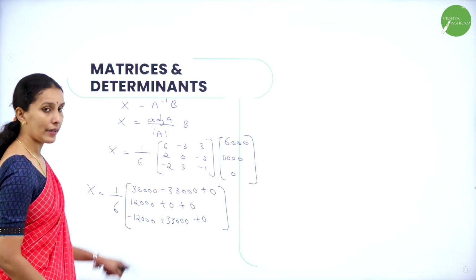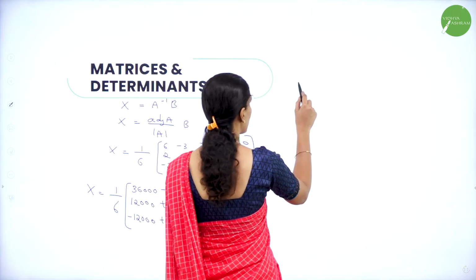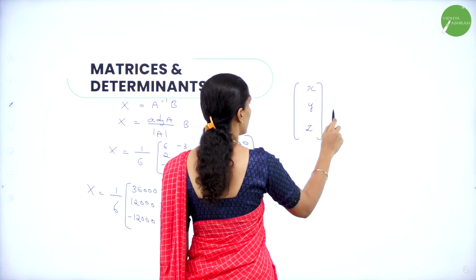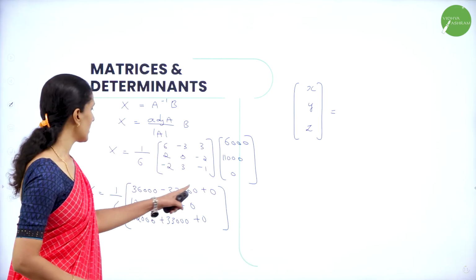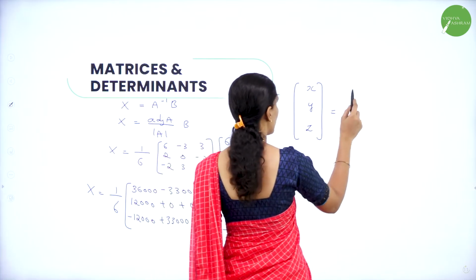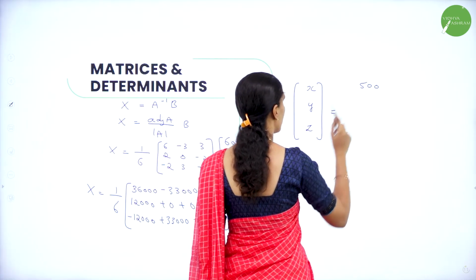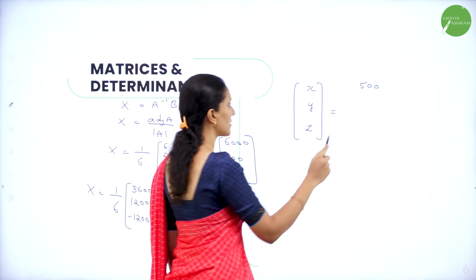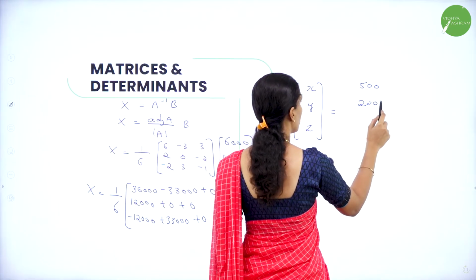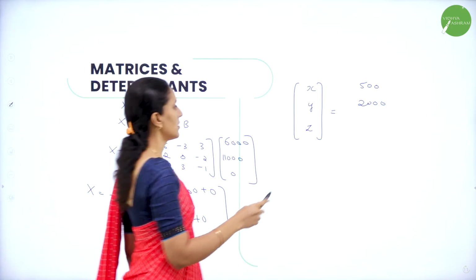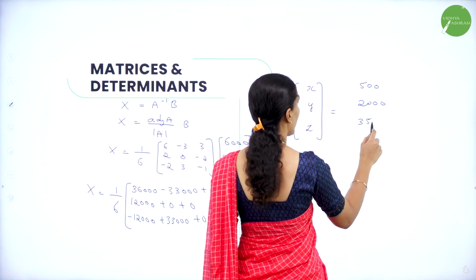So adding it and dividing by 6, we will get X, Y, Z. So now 36,000 minus 33,000 plus 0, that is 3,000 by 6, we will get it as 500. So next we have 12,000 divided by 6, so that is 2,000. So next we have 21,000 divided by 6, so that is 3,500.